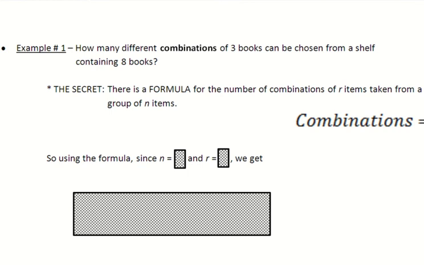You're just bringing 3 books, with nothing here emphasizing that the order that you choose the books in is important. In fact, they're literally using the word combinations. So anyway, we're going to be doing a combination, and here we go.